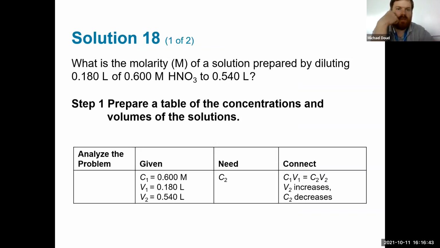Okay, we're back. Well, once again, we are given the initial concentration, 0.600 molar. We're given the initial volume, 0.180 liters, and we're given the final volume, 0.540 liters. So the only thing that we're looking for is the final concentration, or C2.